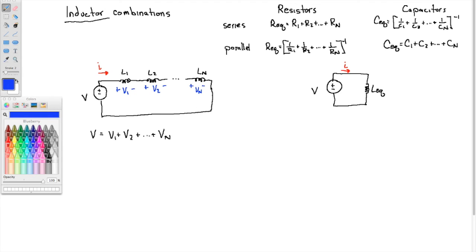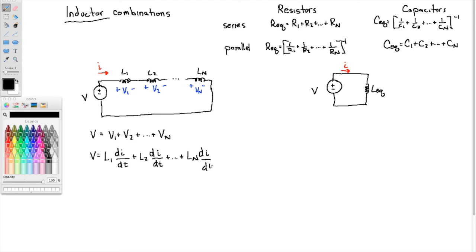Okay, so that's Kirchhoff's voltage law, but we know now that the voltage across an inductor is L di/dt. So this is L1 di/dt plus L2 di/dt plus all the way up to Ln di/dt.